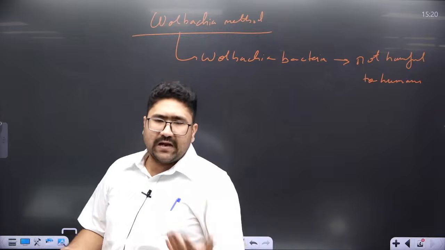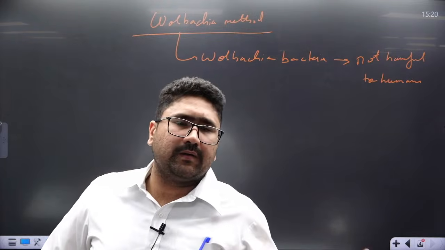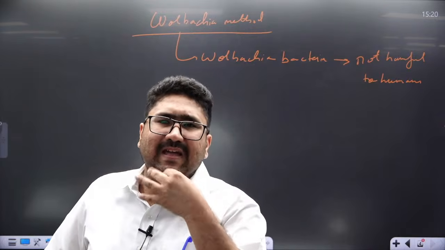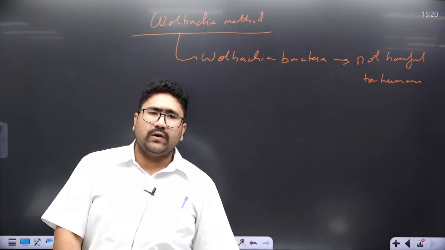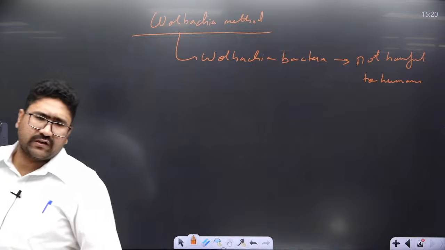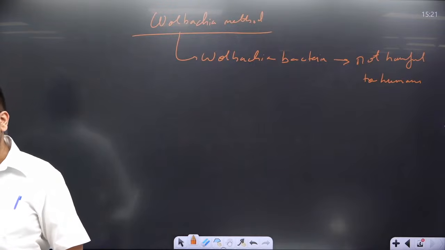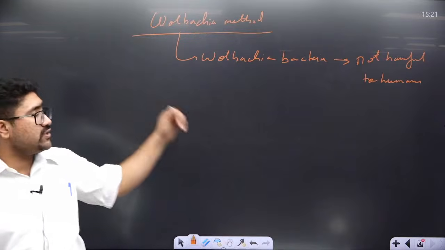Therefore, mosquitoes will not be carrying the Plasmodium parasite, and at the same time the mosquito species will continue to live. They will not be eliminated, but the spread of the parasite will be restricted by infecting them with Wolbachia bacteria. That is known as the Wolbachia method.